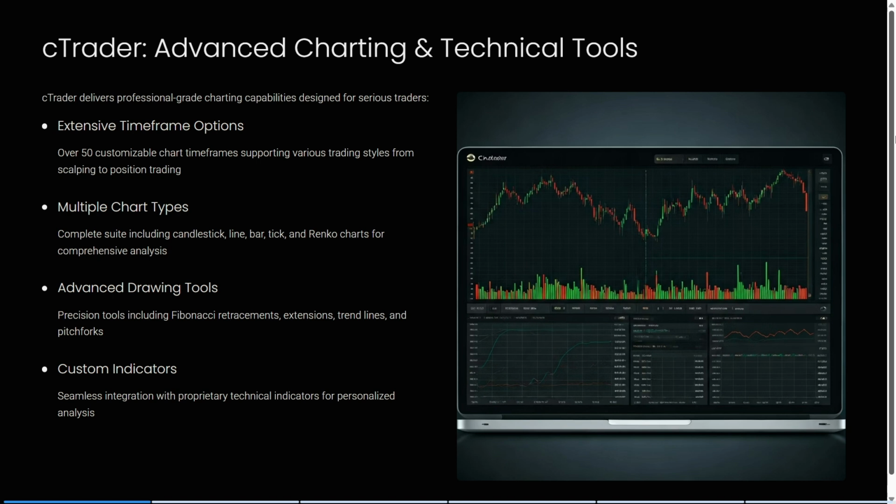They also have a complete suite of chart types including candlesticks, line, bar, tick, and Renko charts for a more comprehensive analysis. And they also have precision tools including Fibonacci retracements and extensions, trend lines, and pitchforks. You can also include custom indicators so that you can integrate this with proprietary technical indicators for a more personalized analysis.